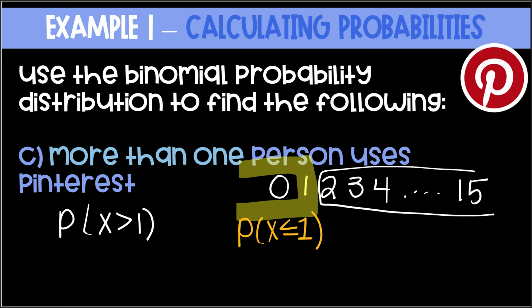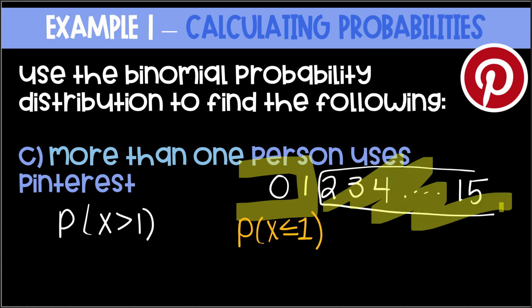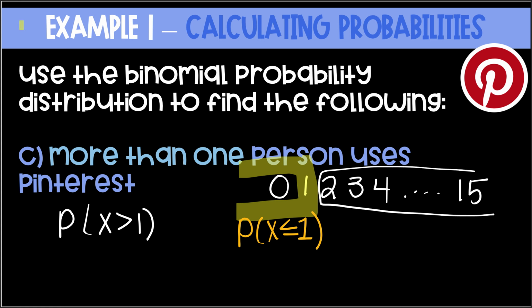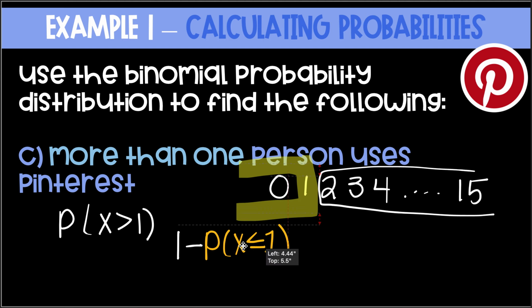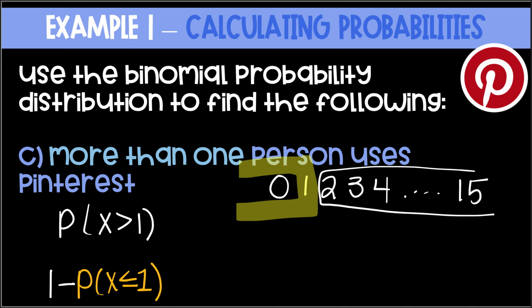And then to find the rest, I'm going to subtract that probability from 1: 1 minus the probability of x is smaller than or equal to 1. We're doing this adjustment because my calculator can only find the probability of a value smaller than or equal to an outcome, and I'm subtracting it from 1 because my total sum of probabilities adds up to 1.